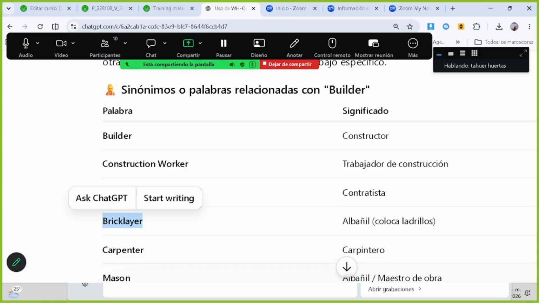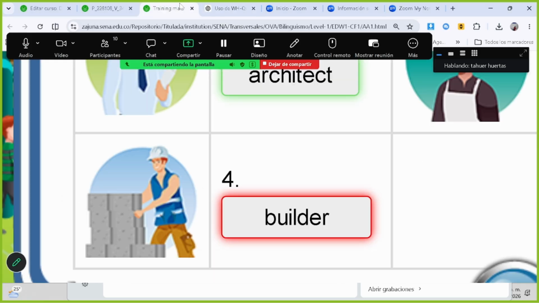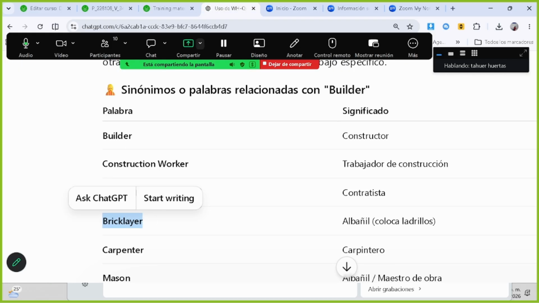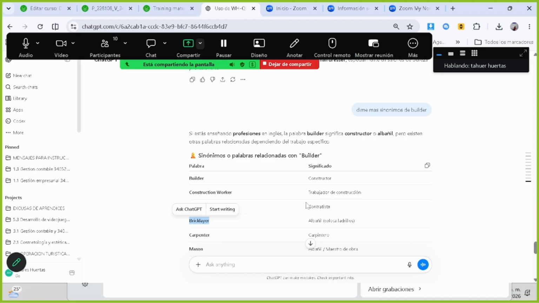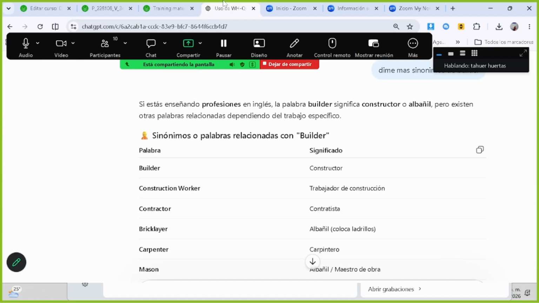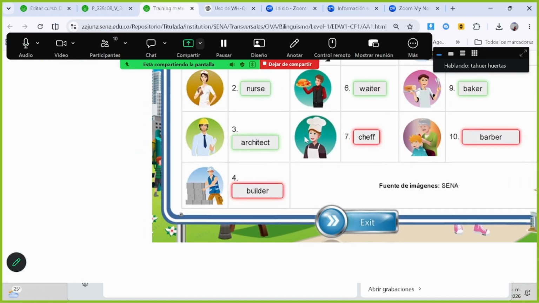I think that's the word. Yes, Julian. I think the word is bricklayer because here he's working with bricks. So the correct word is bricklayer. Okay. Thank you, Julian.